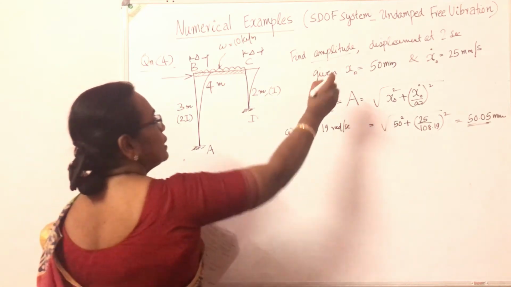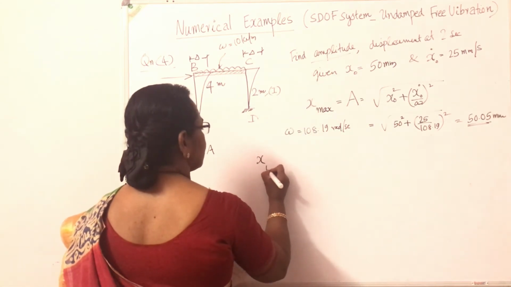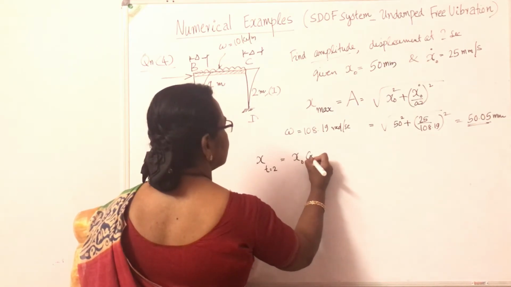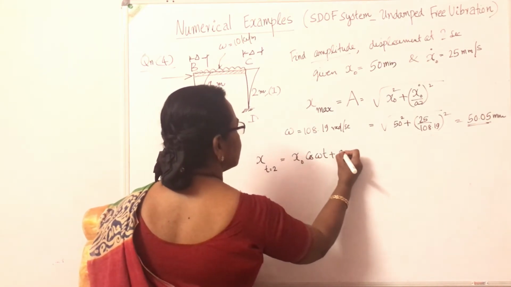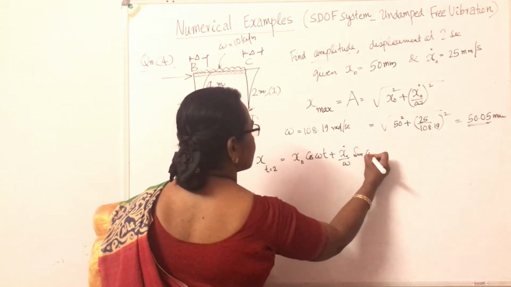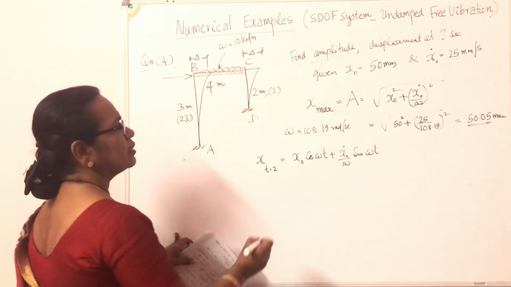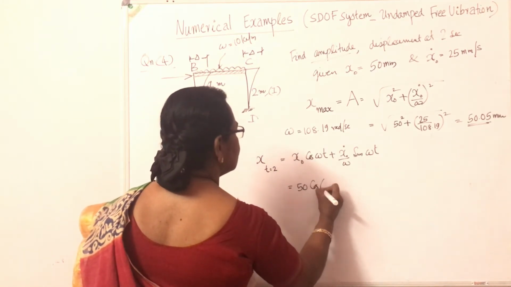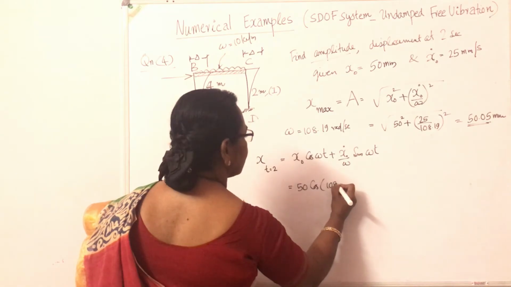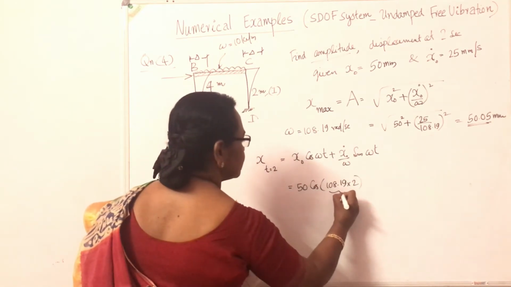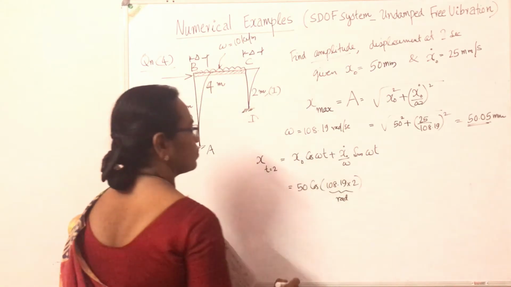Now, what is the displacement at 2 seconds? X, when t is equal to 2, is equal to x0 cos omega t plus x0 dash by omega sin omega t. So, x0 is 50 cos omega, 108.19 into t, 2. This must be in radian.